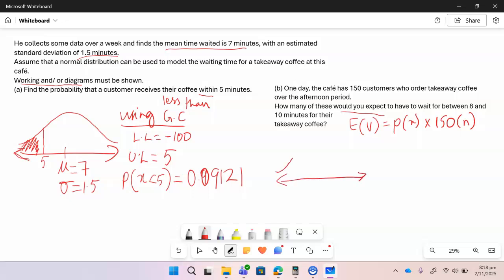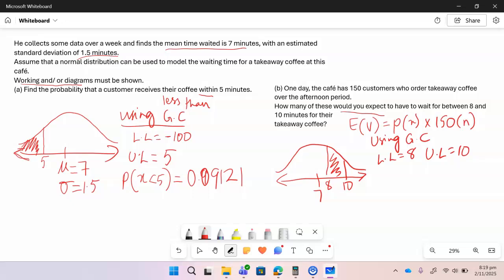Sketch your curve again to visualize. The mean is right in the middle, 7, and then 8 and 10, which gives you roughly that area there. In this case, your lower limit would be 8 and your upper limit would be 10. Mean and SD are the same.